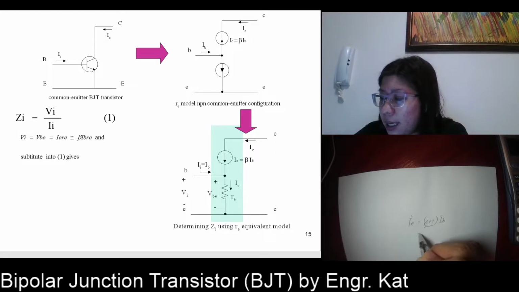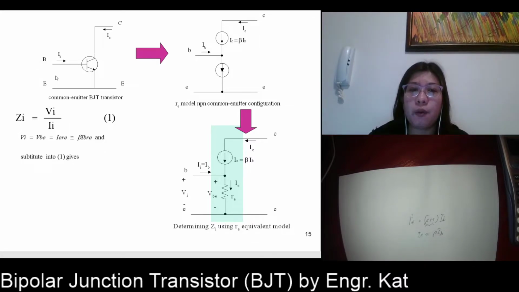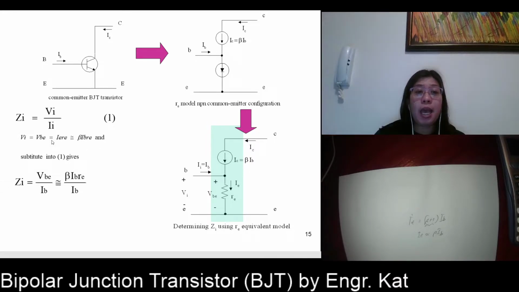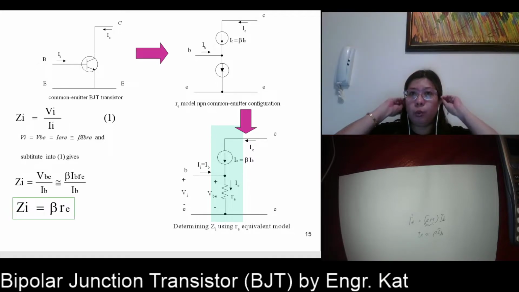Therefore, your IE is approximately equal to beta multiplied by IB. Replacing that in our formula, you have beta IB multiplied by re. So your Zi is equal to VBE, which is beta IB multiplied by re, divided by the input current, which happens to be your IB.